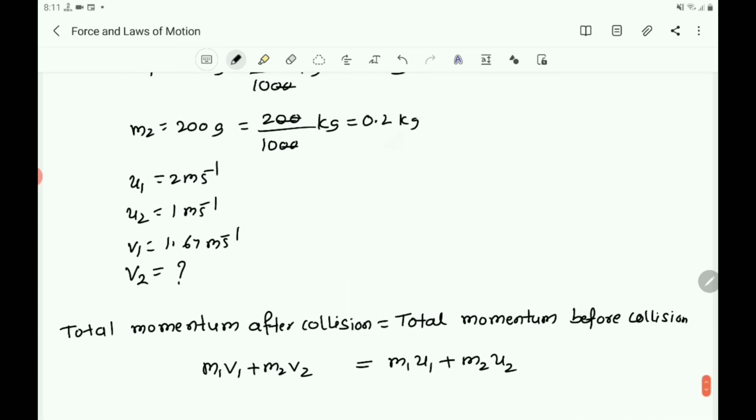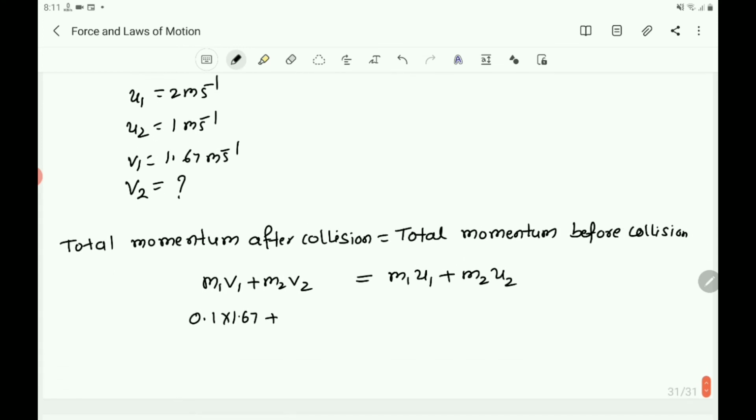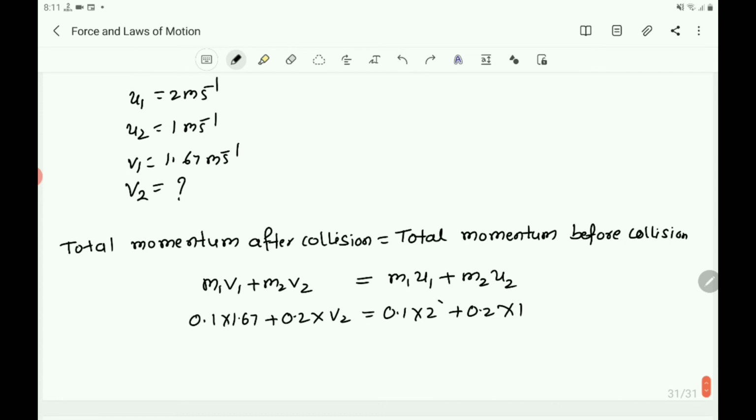And you know m1 is 0.1 and v1 is 1.67, plus m2 is 0.2, v2 we have to find out, equals m1 again 0.1 and u1 is 2, plus m2 0.2 and u2 is 1. u1 is 2 ms⁻¹ and u2 is 1 ms⁻¹, m1 is 0.1, m2 is 0.2.